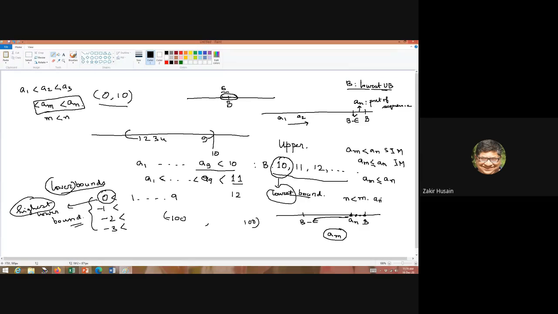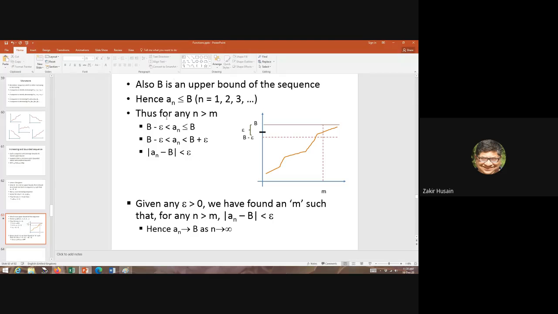So what is the maximum value of an? B. It is assuming that it's a closed interval. Okay. So for any n greater than m, we can write b minus epsilon less than an, which is less than or equal to b.